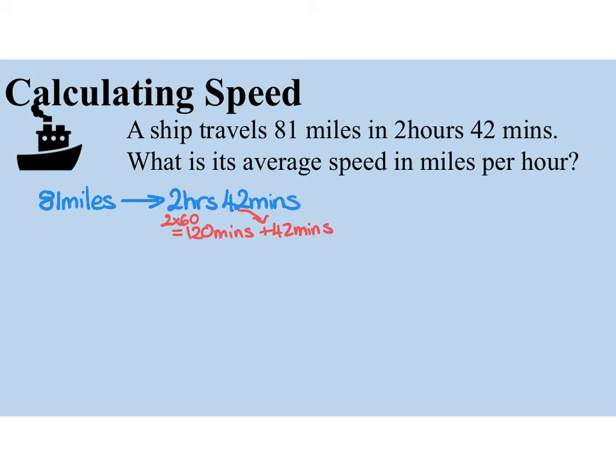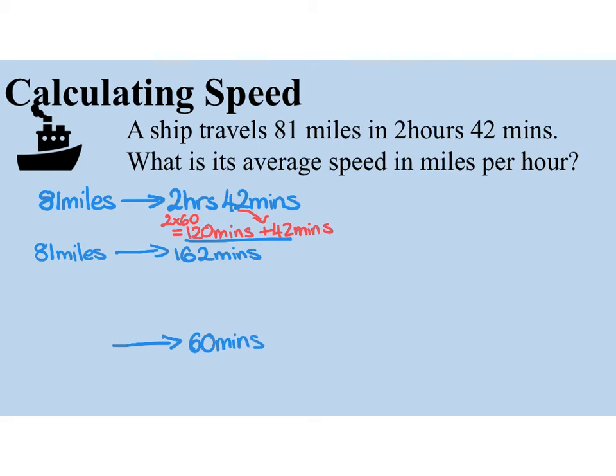Okay, so this ship is travelling 81 miles in a total of 162 minutes, okay, but I want to find out how far on average it will go in 60 minutes.